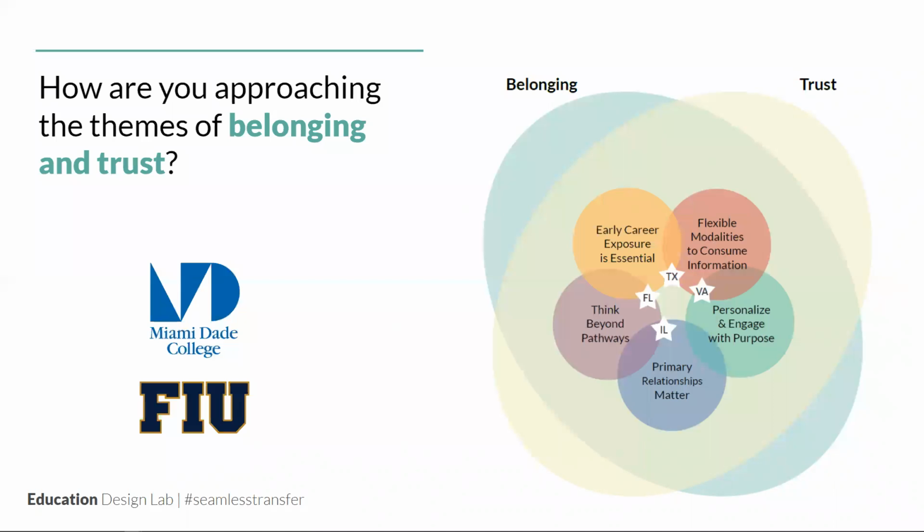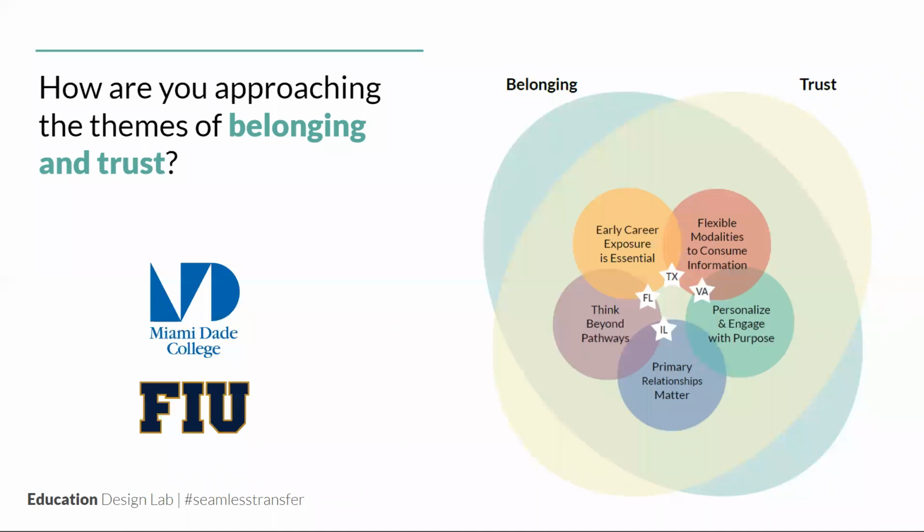And so what we really decided to do through 2+2 pathways was not just the academic component, which is a big part of it, creating 2+2 course sequencing, from FTIC at Miami-Dade College all the way through the baccalaureate at FIU.